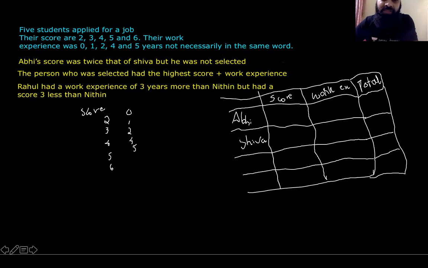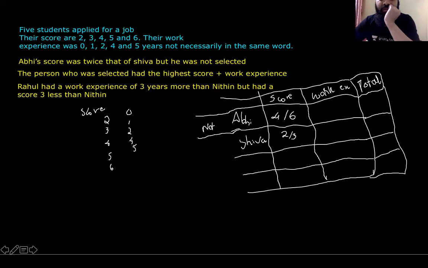So Abhi's score is either 4 or 6. So Shiva's score is either 2 or 3. But Abhishek was not selected.